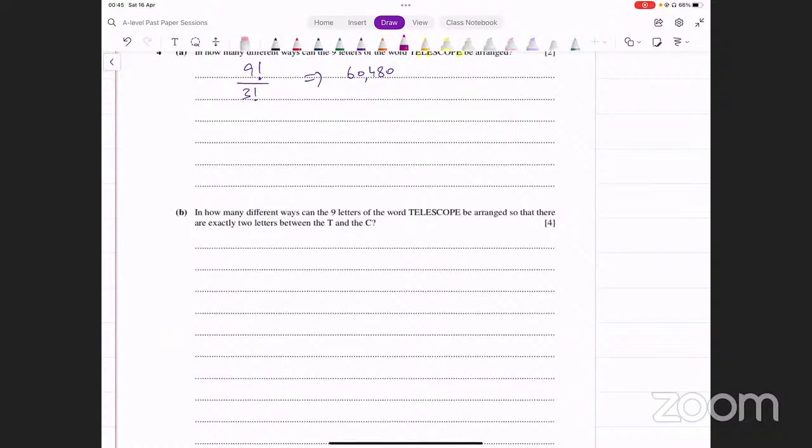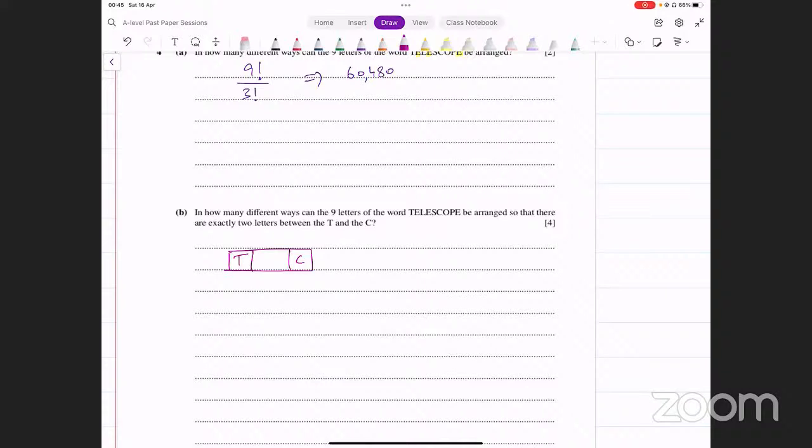One way to think about this could be, you know that there are supposed to be 9 places in total. उनमें से 4 places आपके पास ऐसे होंगे in which you've got T on one end and C on the other end. ठीक है? And then you've got the remaining places.